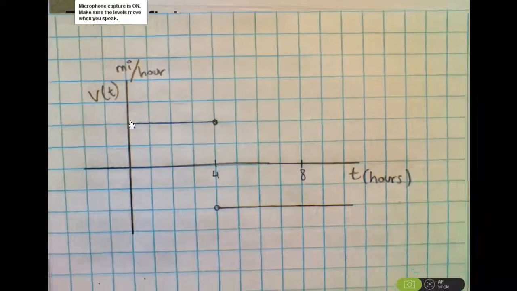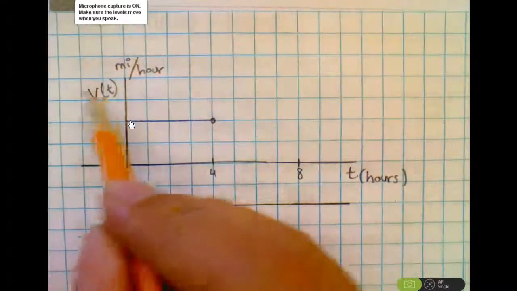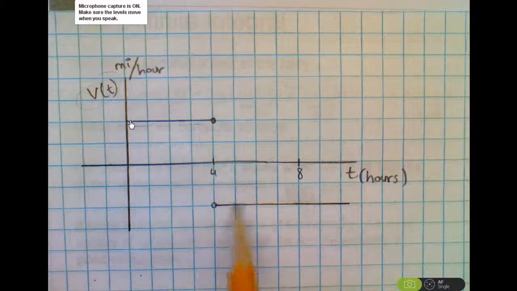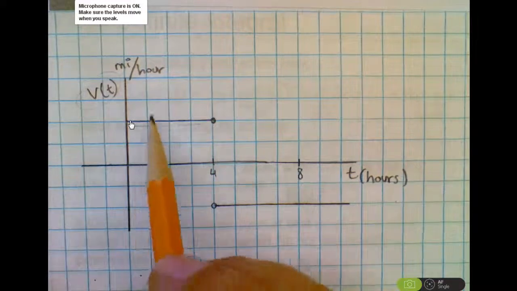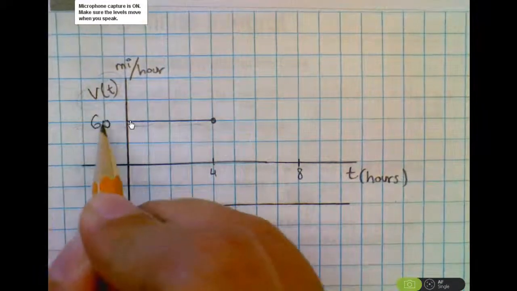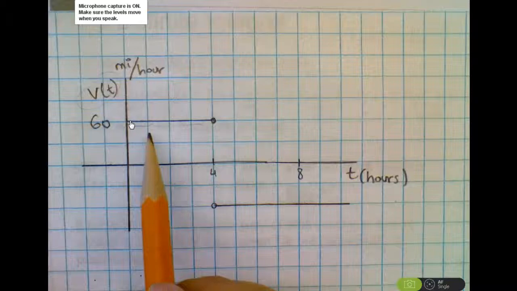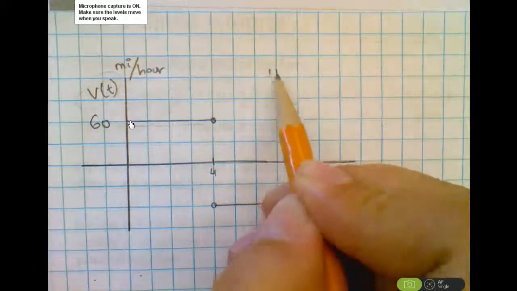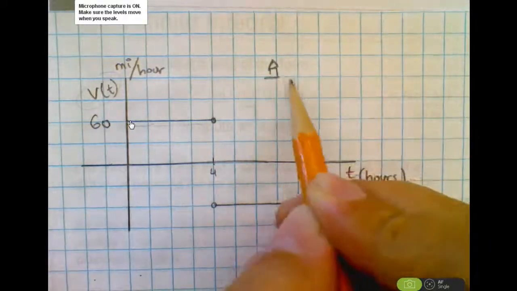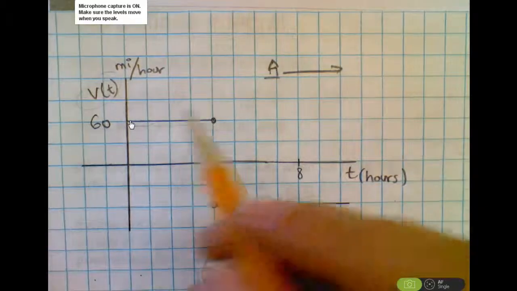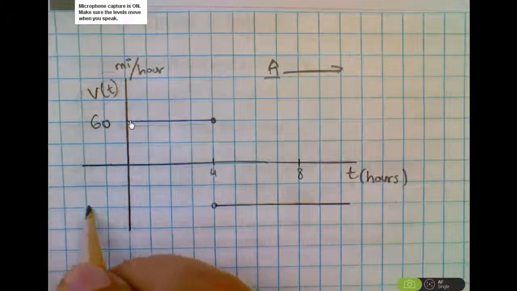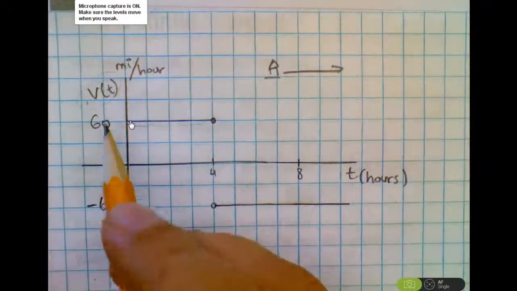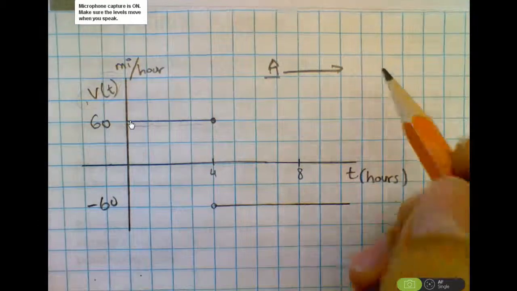So let me show you an example where actually f, in this case the function v, is not a positive function. So for example, you are driving at 60 miles per hour. You're driving in a car, if this is your house, you're driving away from home at 60 miles per hour, and then remember that velocity is speed with a direction.